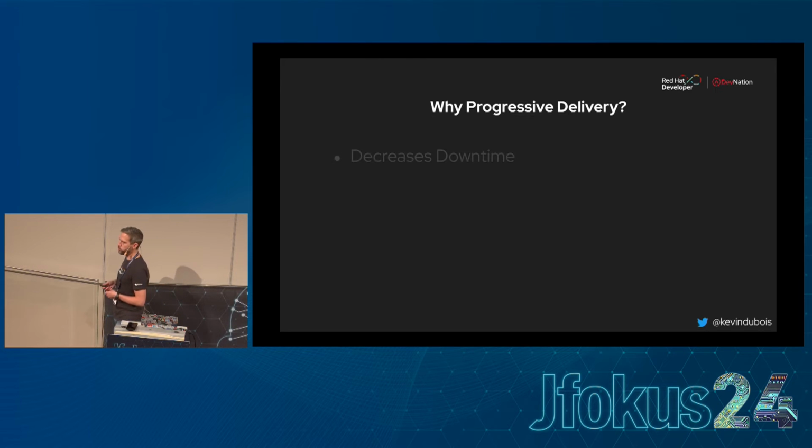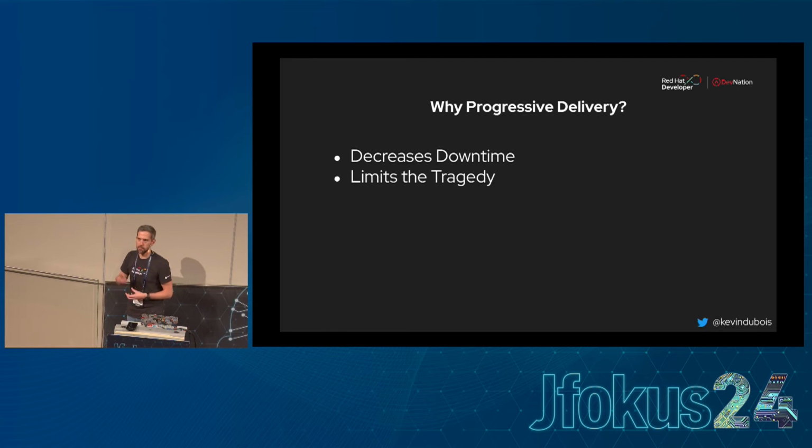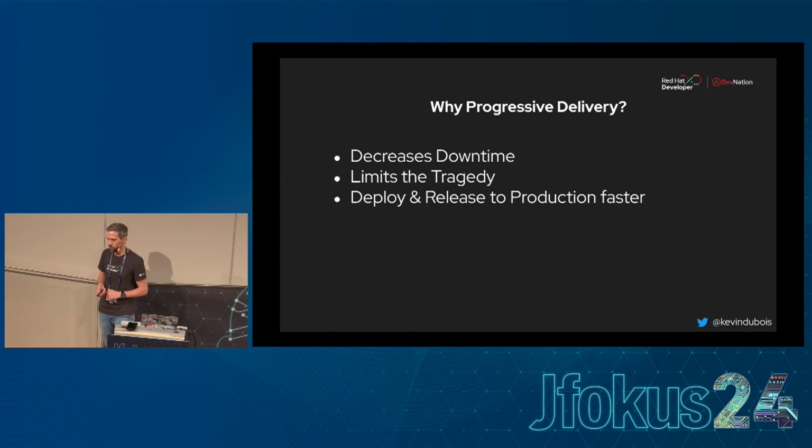So why would you use progressive delivery? Of course, the ideal thing is to limit the downtime. So when we release something, only a subset of the users are impacted at the most. So we limit the tragedy of the release, and then hopefully we're not up until 5 in the morning trying to fix things, and we make that process a little less painful.